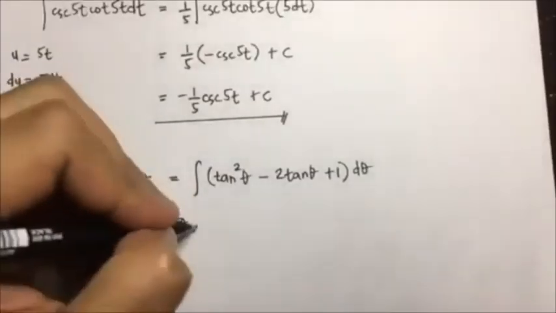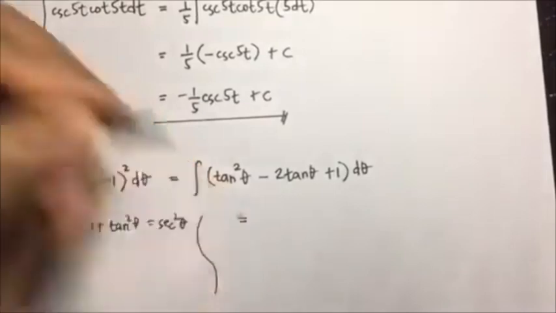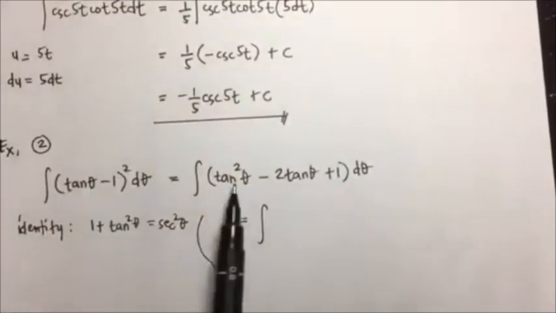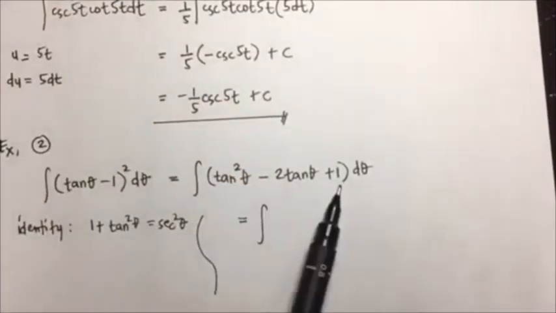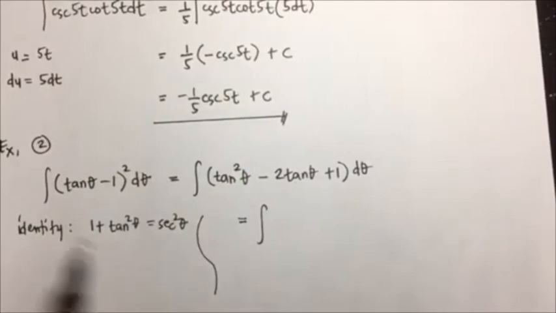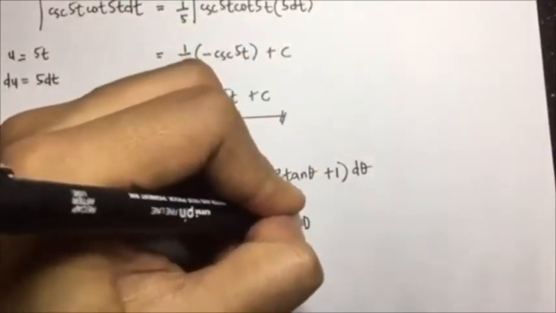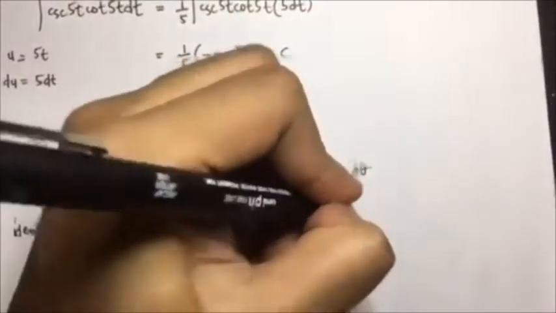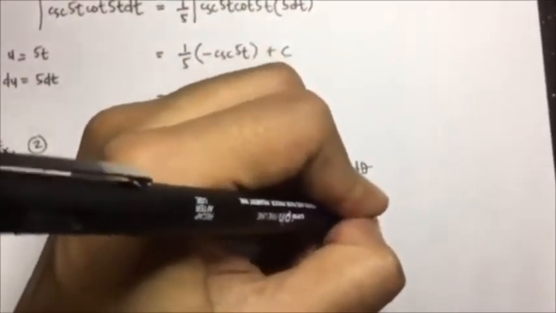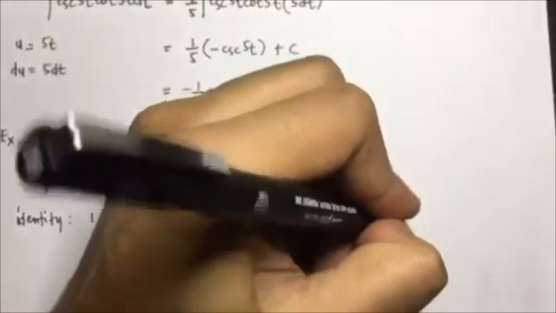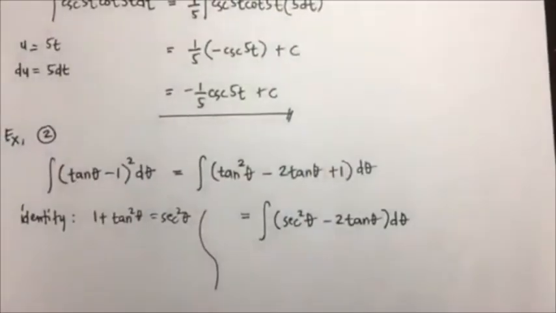So therefore, tangent squared theta plus 1 we can replace with secant squared theta. So it will now become the integral of secant squared theta minus 2 tangent of theta d theta.